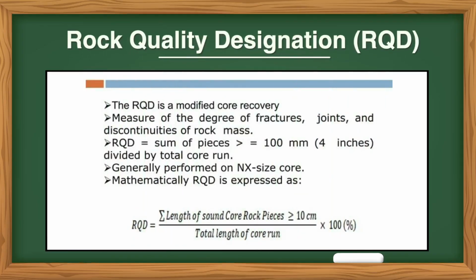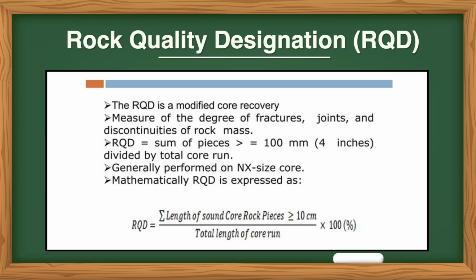Rock quality designation, RQD. The RQD is a modified core recovery measure of the degree of fracture, joints and discontinuity of rock mass. RQD is equal to the sum of pieces greater than or equal to 100 mm or 4 inches divided by total core run, generally performed in NX size core.